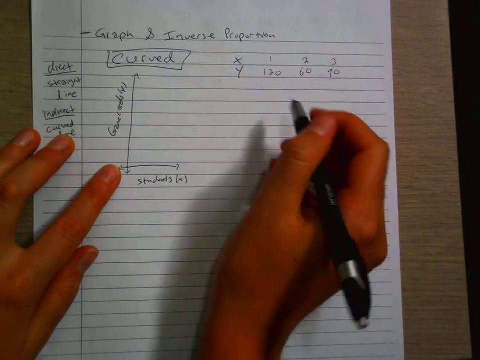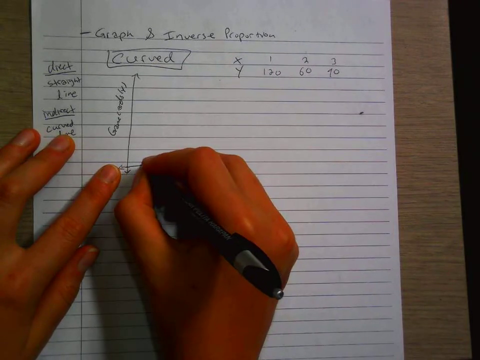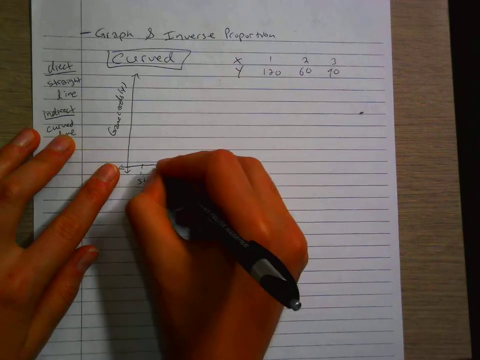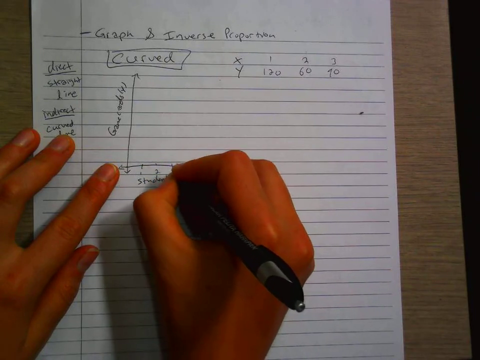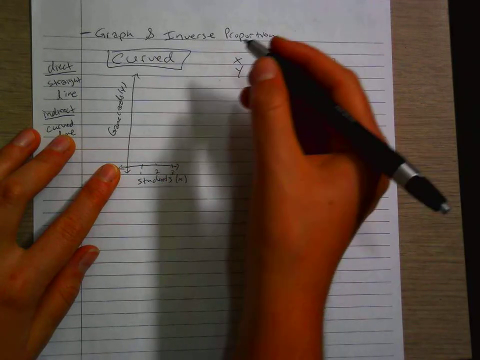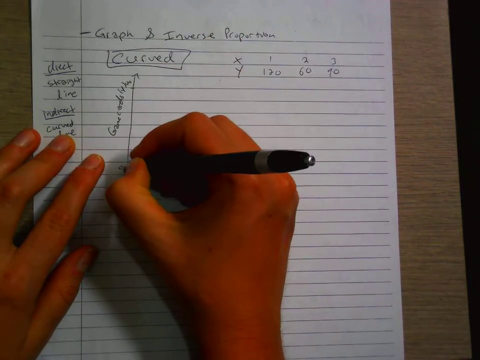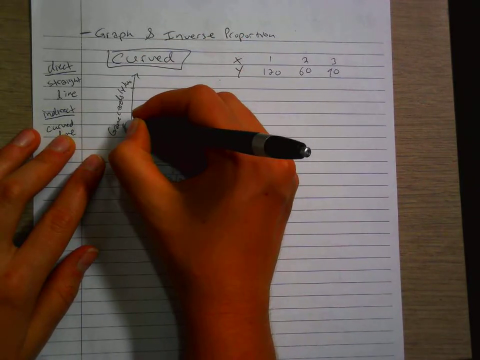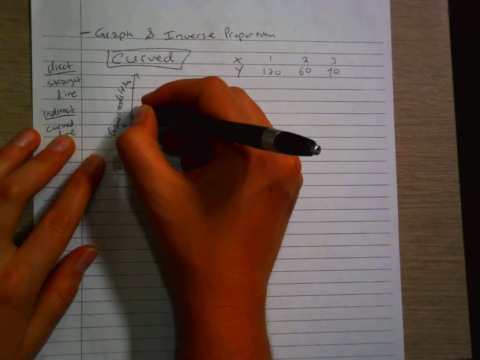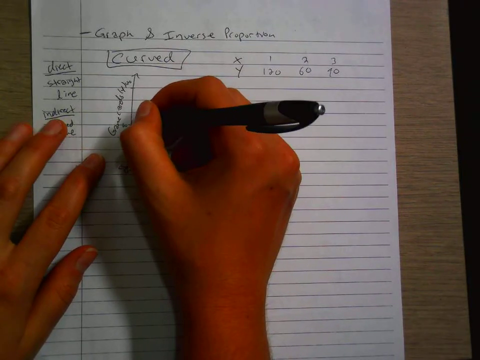Now we could say 1, 2, and 3. Up here we need to go all the way up to 120. So here is 0, about middle is 60, and we could go between 60 and 120.